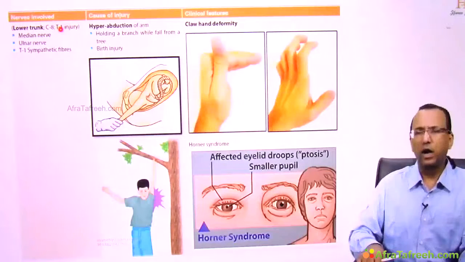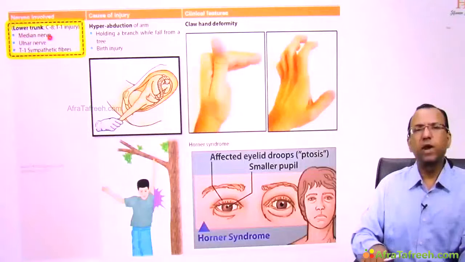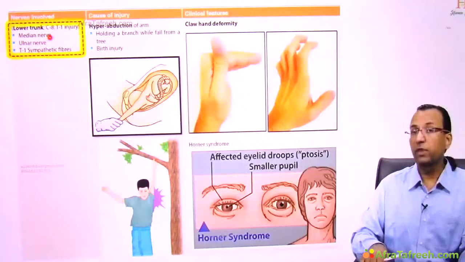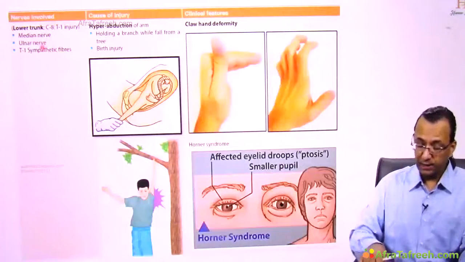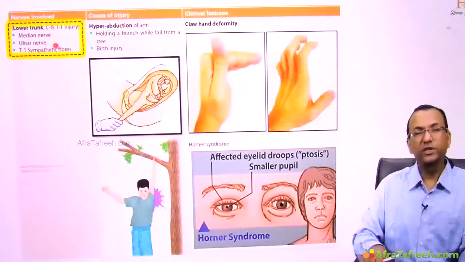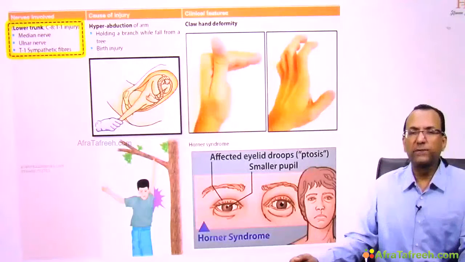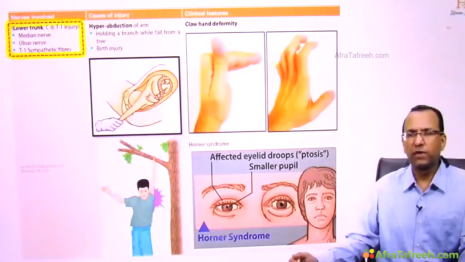That could be the ulnar nerve, but it is also partial injury of the median nerve. Why the median nerve? Because the median nerve has all 5 root values and it is partially injured. So the ulnar nerve is injured and the median nerve is partially injured. Yes, there's also injury of the T1 root value carrying some sympathetic fiber.